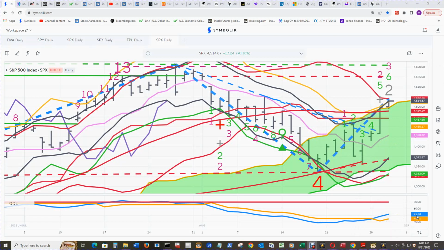It's now above the equilibrium 50. It's at 51.73 for the fast, 44.81 for the slow, and the crossover happened the other day. This is a good sign, along with price exceeding the cloud to catch some fresh air and reconnoiter the situation.